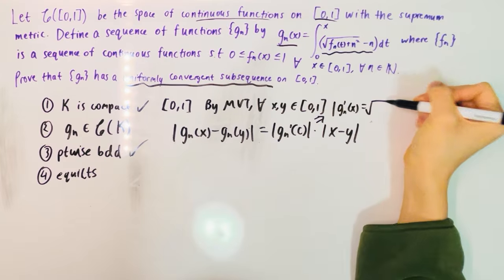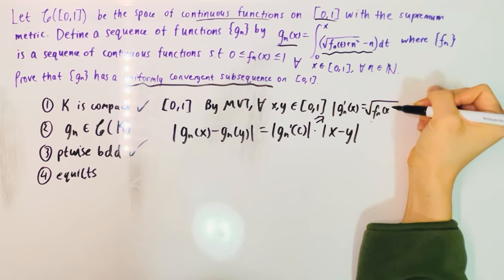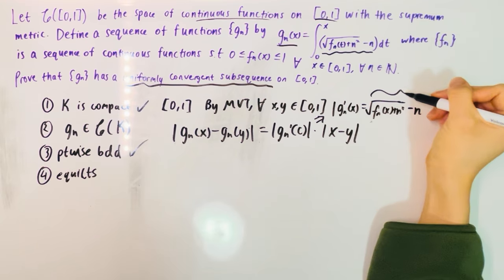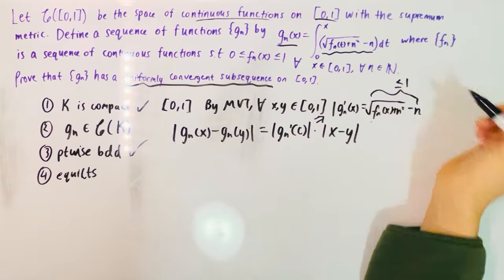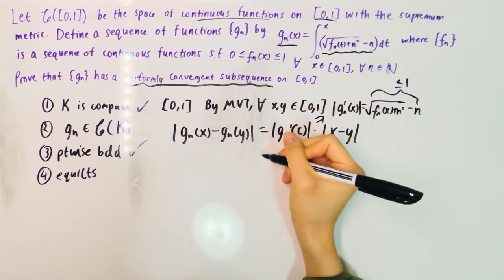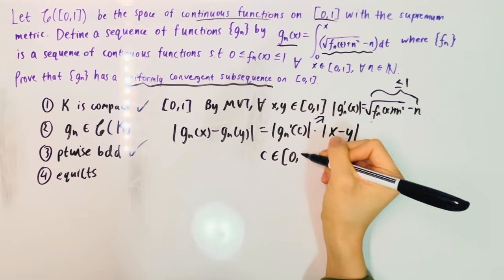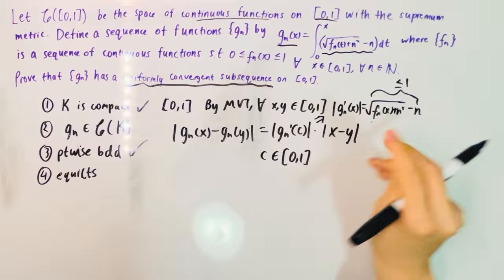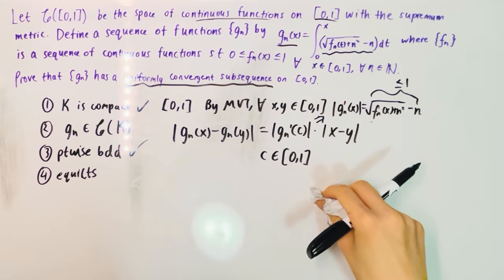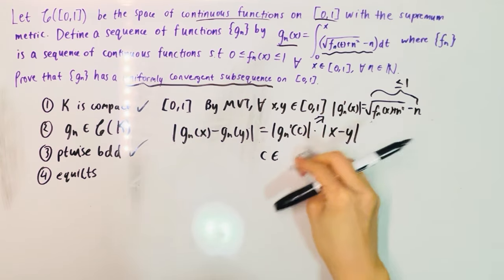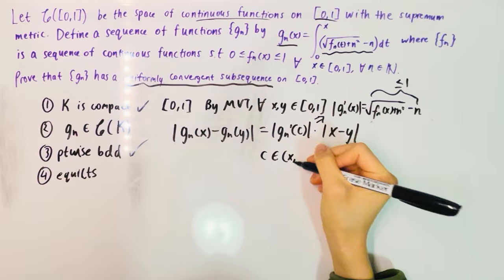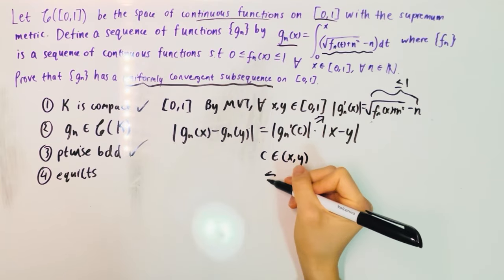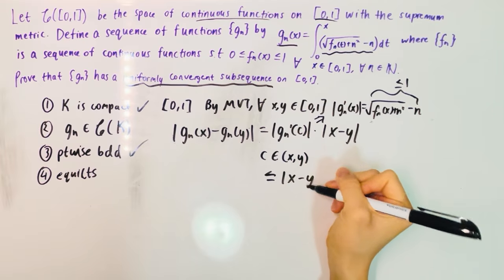is equal to the square root of f sub n x plus n squared, minus n. And this whole thing is bounded above by 1, as we showed. Since c is anything from 0 to 1, so it's any x in our domain, or I guess x and y are both in our domain, we know that this whole thing is bounded above by |x minus y|.